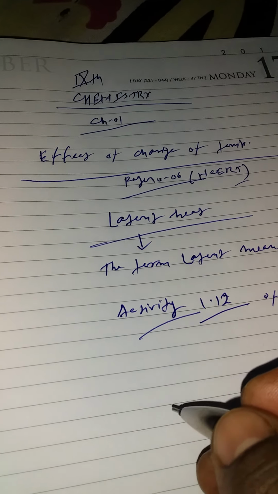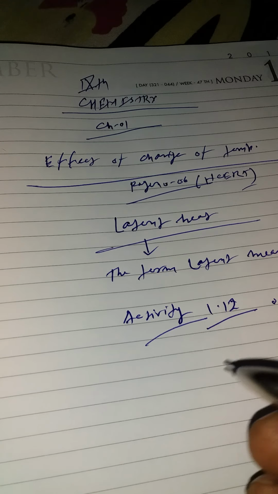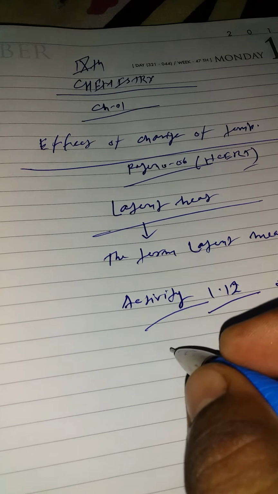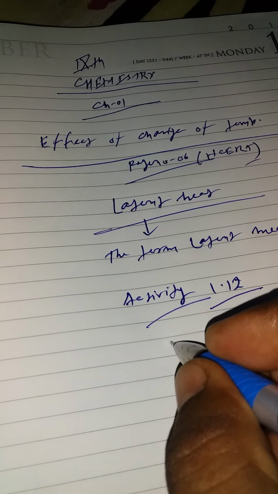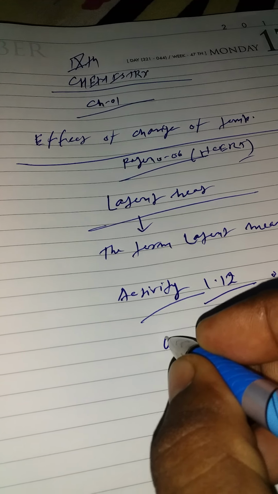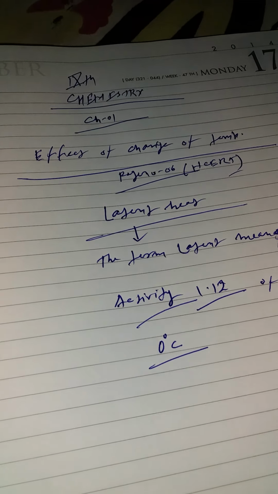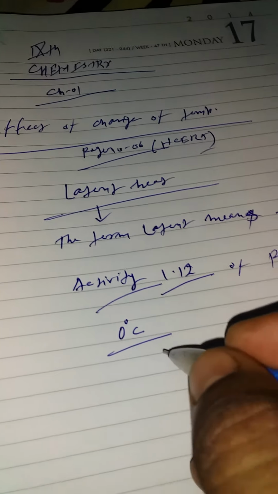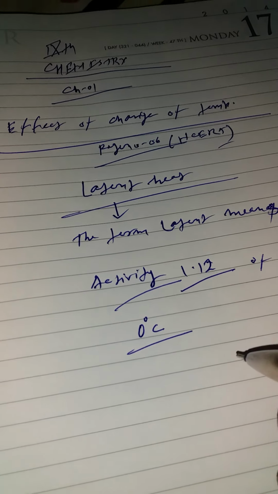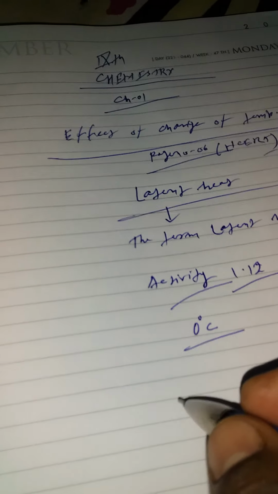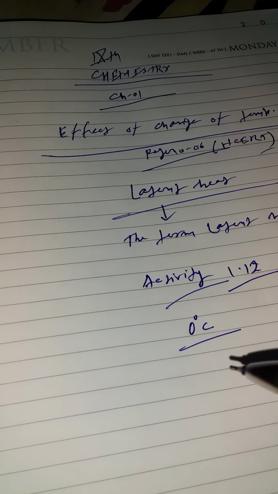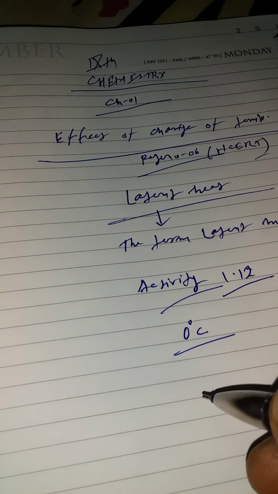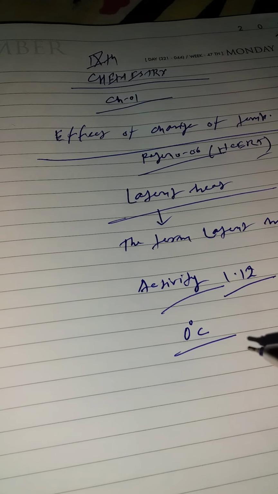When this ice is heated, the temperature of the thermometer remains 0 degrees Celsius till the whole ice converts into liquid. Then the question is, where does the amount of heat energy go?